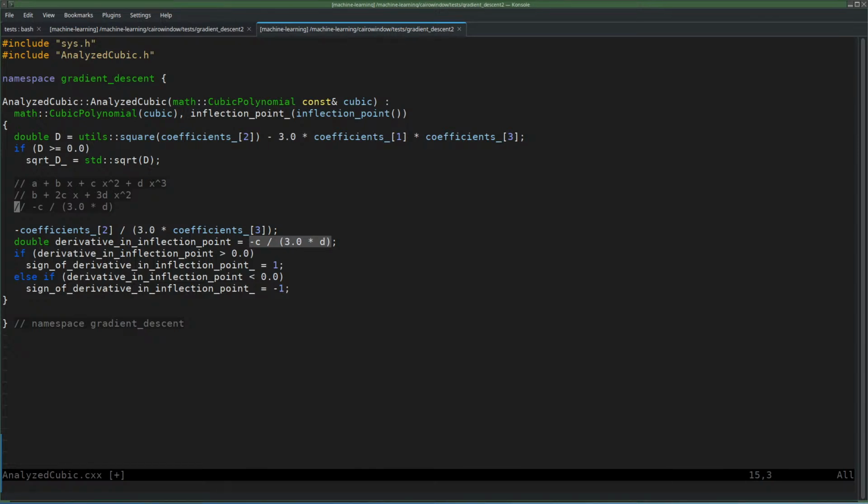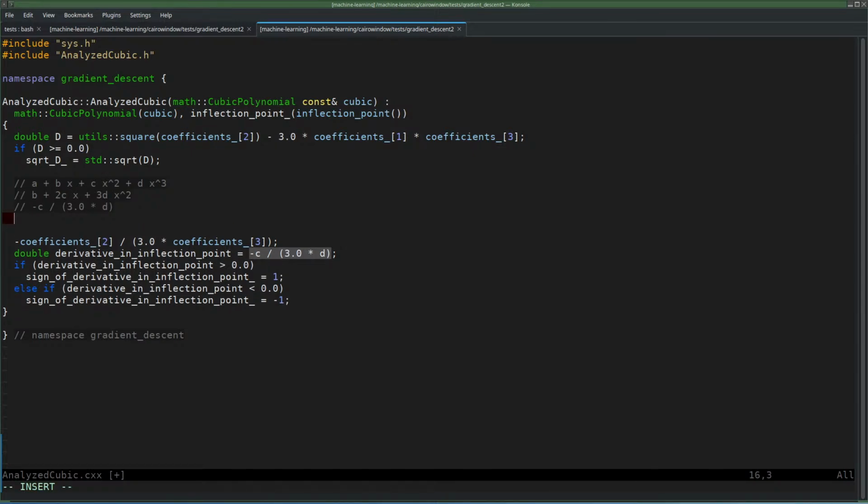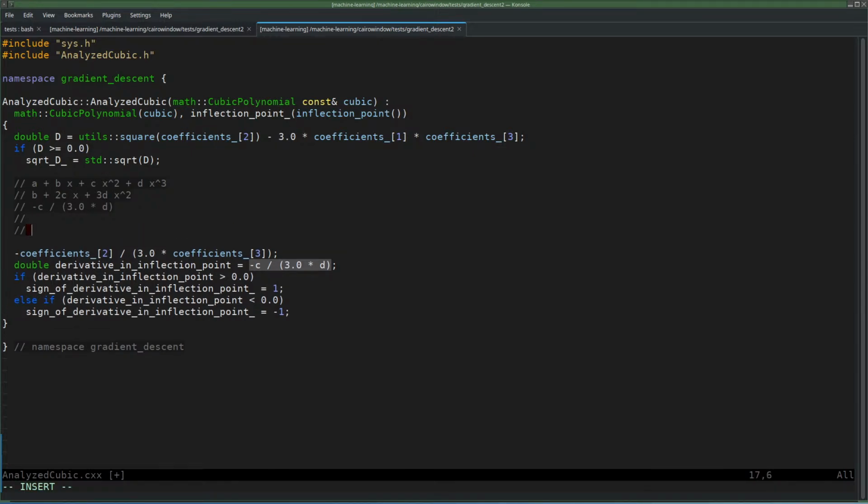So the derivative is filling this into that: b plus 2c times this.